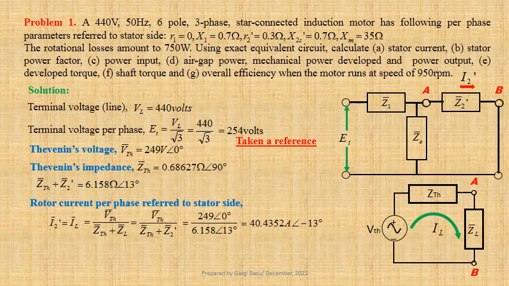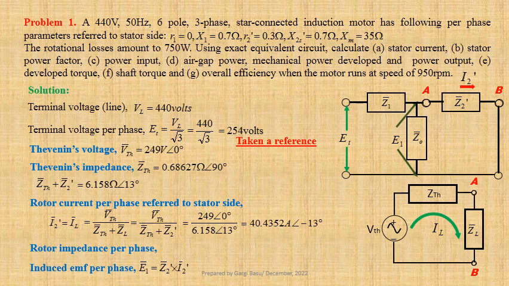Let us now calculate induced EMF per phase. E1 equals Z2 dash into I2 dash. We have obtained rotor impedance per phase referred to stator side Z2 dash equals 6.0407 ohm at an angle 6.6544 degree.